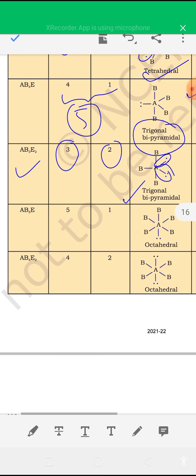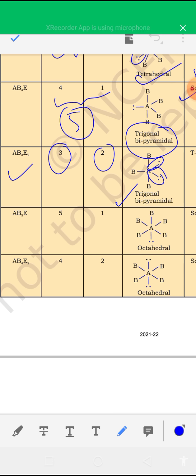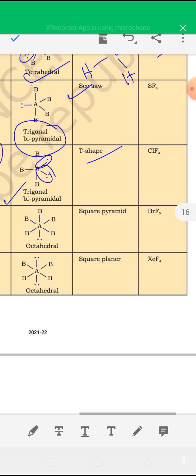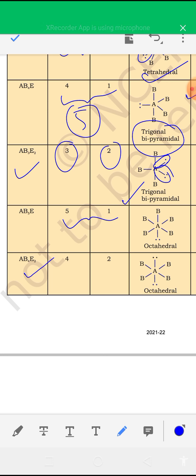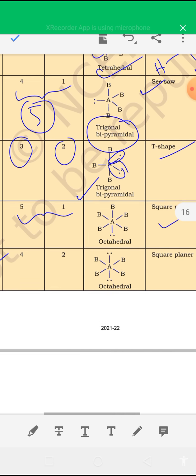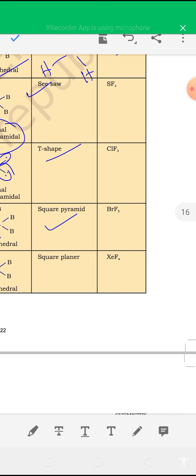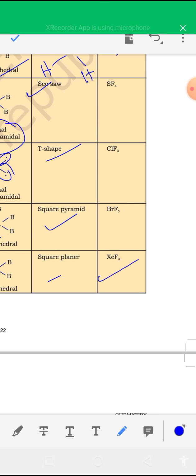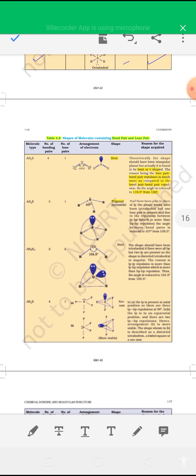Next type is AB5E, where total 6 electron pairs, 1 is lone pair, 5 bond pairs. Square pyramidal shape, example BrF5. AB4E2 type structure, where 4 bond pairs, 2 lone pairs. Example XeF4, square planar shape. You have to read the shape and arrangement.